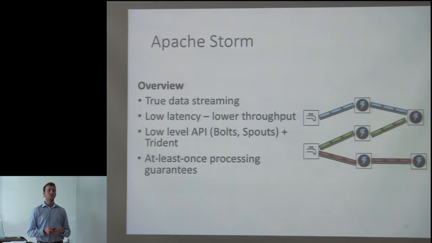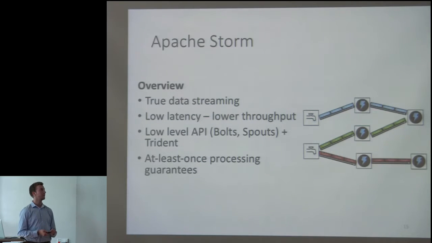It provides very low processing latency, around tens of milliseconds. So let's say around 30 milliseconds is what you can expect for a lightweight streaming pipeline. But of course, this comes with a slightly lower throughput as well.